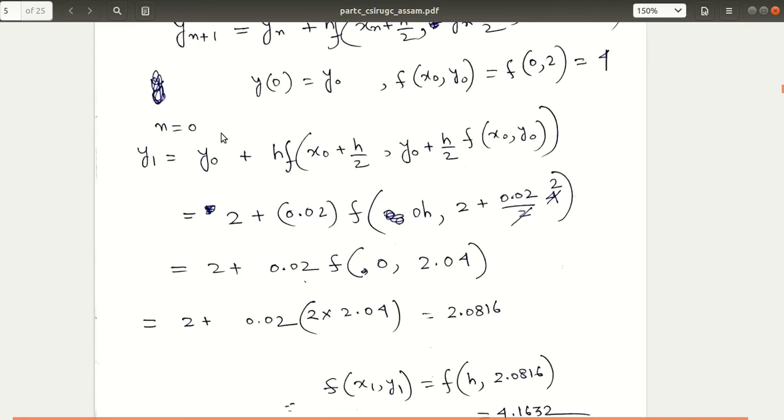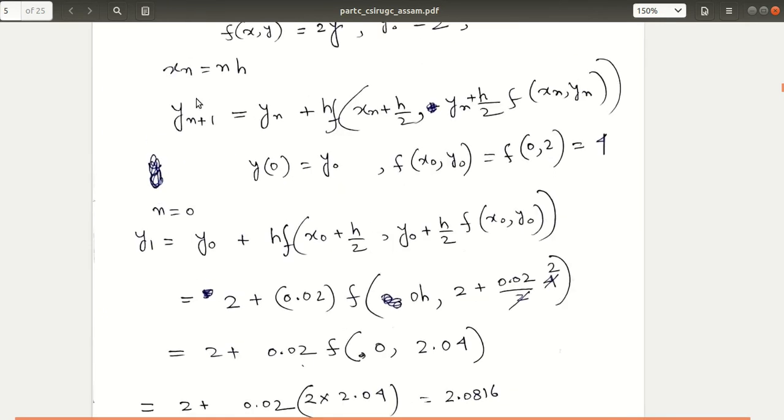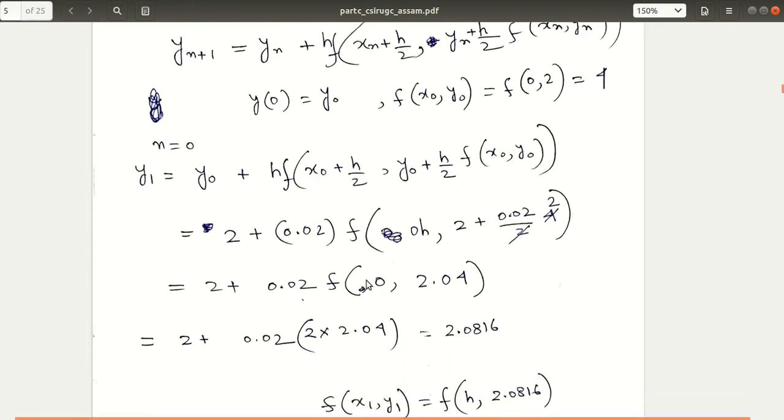Now for n equal to 0, from this relation y1 is equal to y0 plus h into f of (x0 plus h by 2, y0 plus h by 2 into f of x0, y0). Here y0 is 2 and h is 0.02.